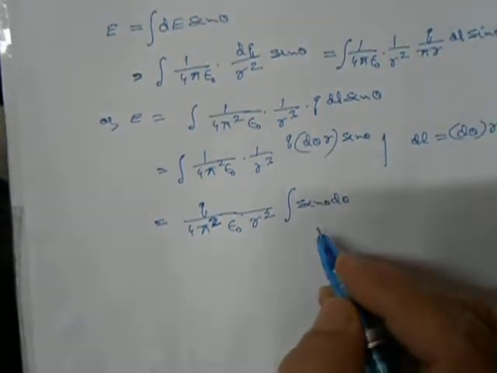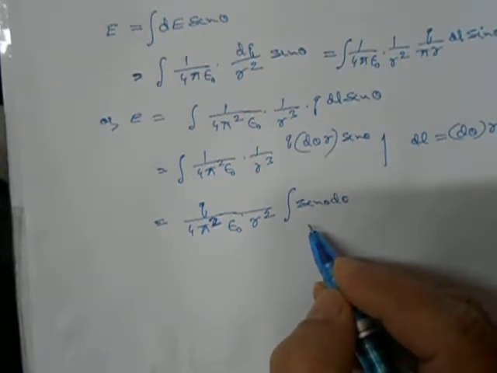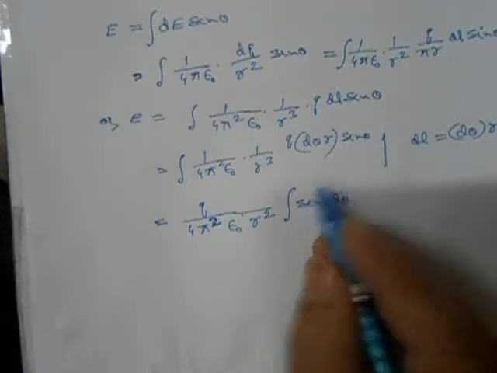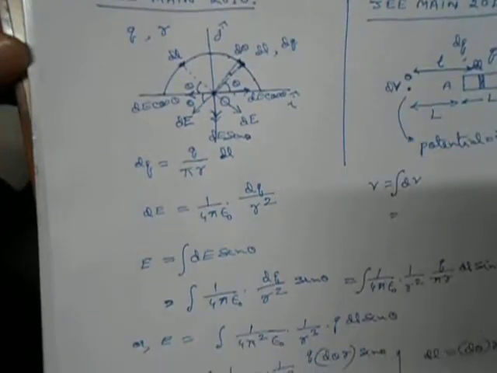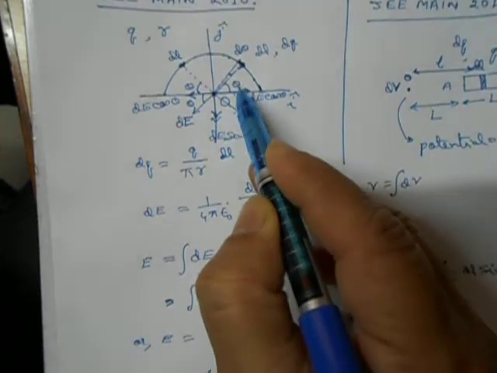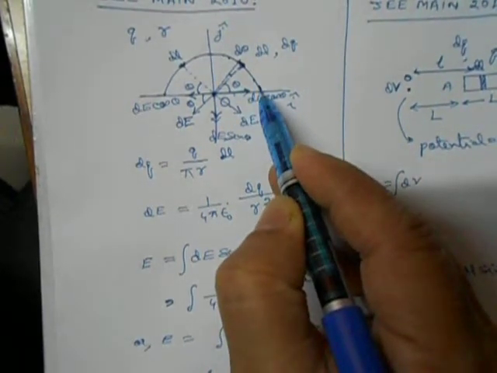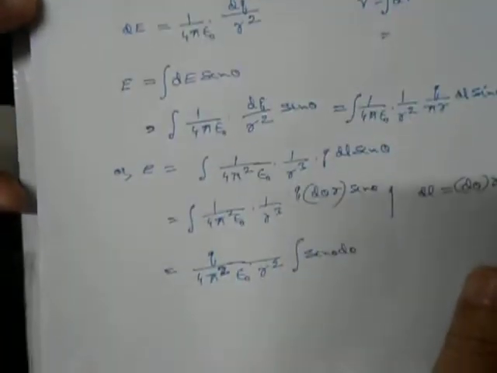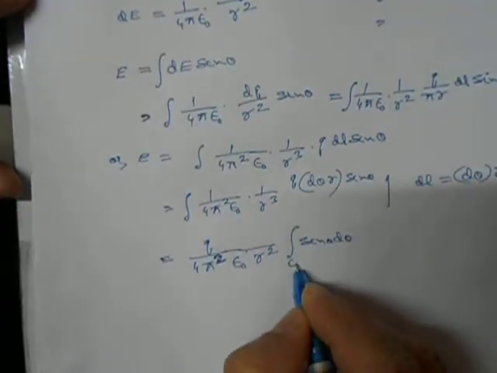Now we will think about the lower limit and upper limit. When the sample element dl is here, theta will be 0. So the lower limit of theta in the integration will be 0.